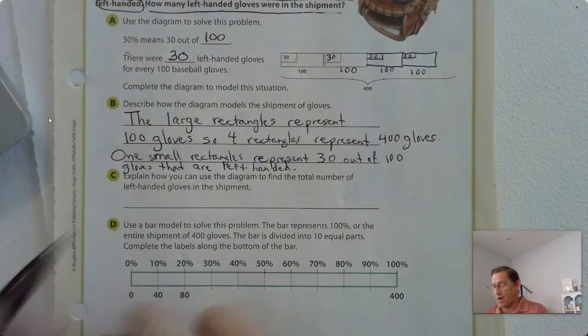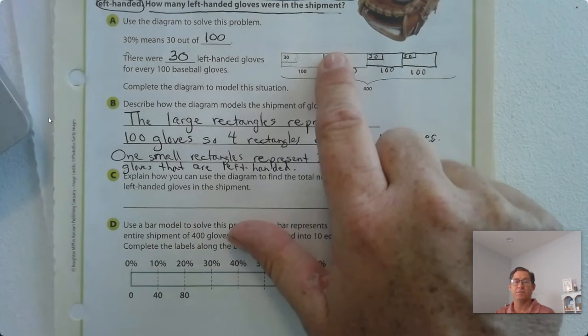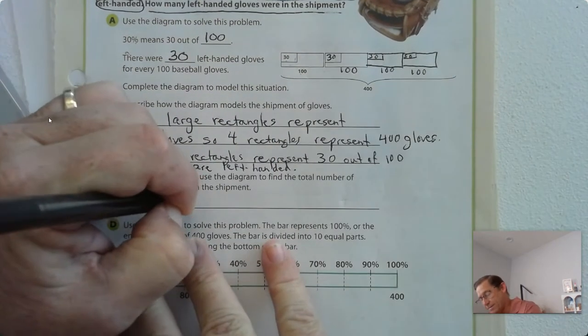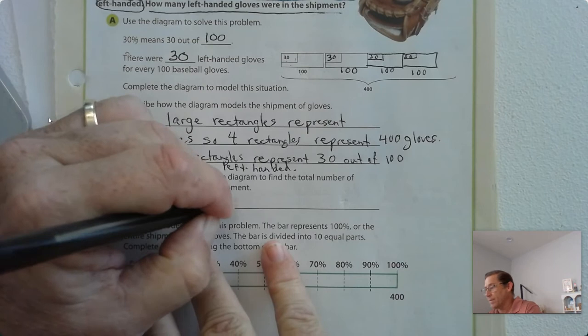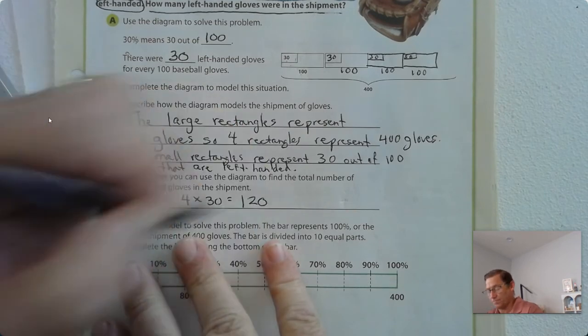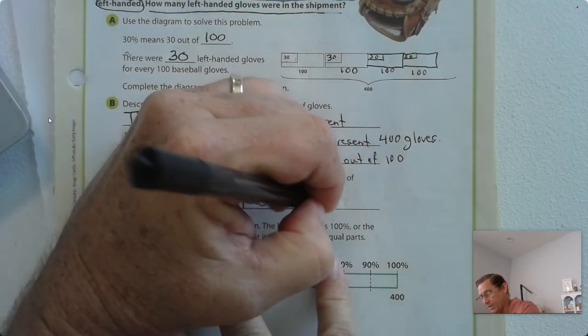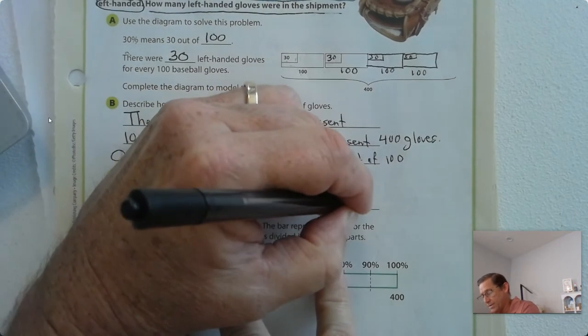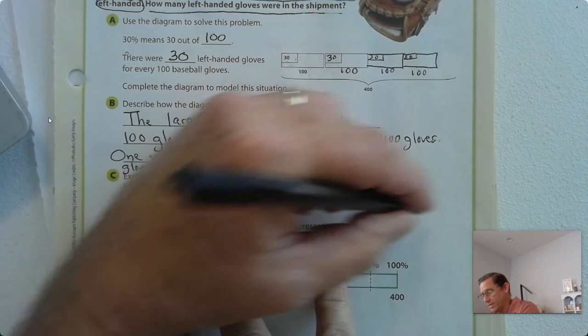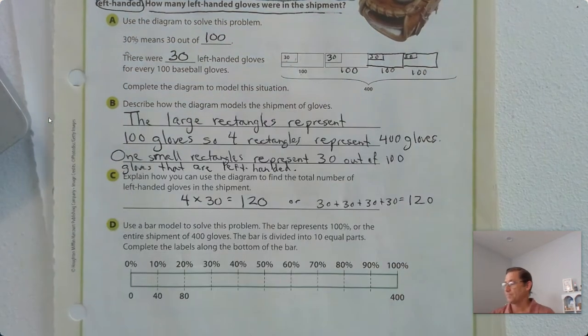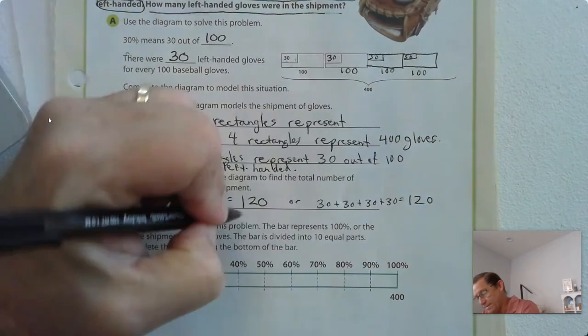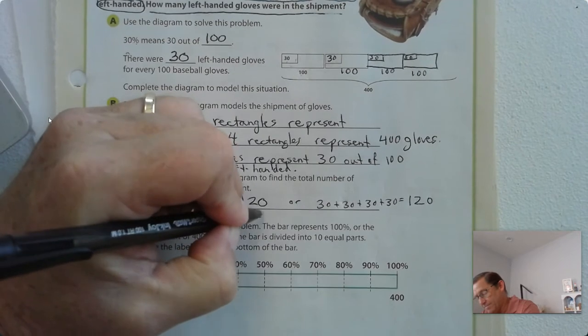Well, how many sets of 30 do we have? We have 1, 2, 3, 4 sets of 30, or 120 gloves. Or we could say 30 plus 30 plus 30 plus 30, and we'd still get 120 left-handed gloves.